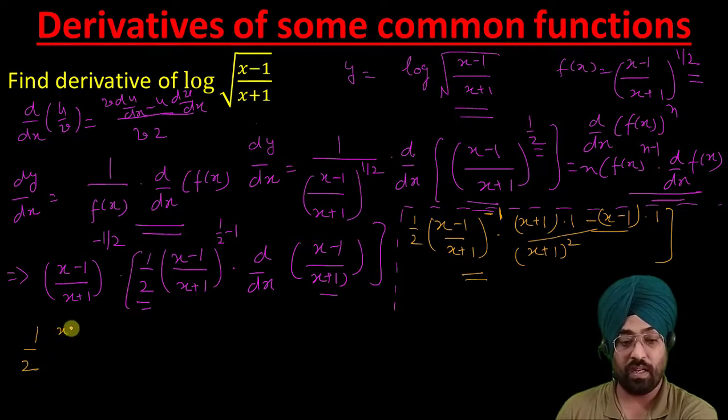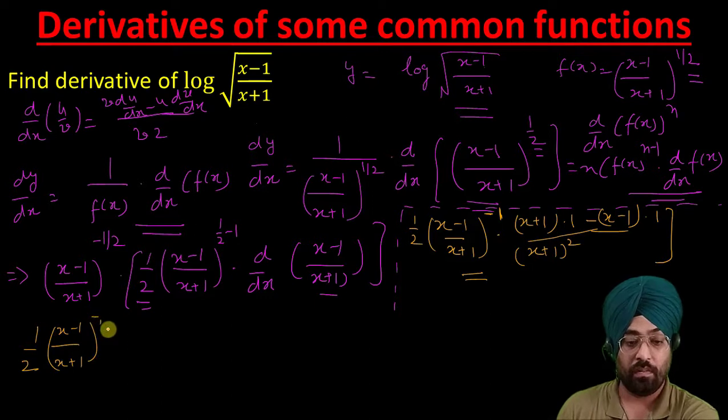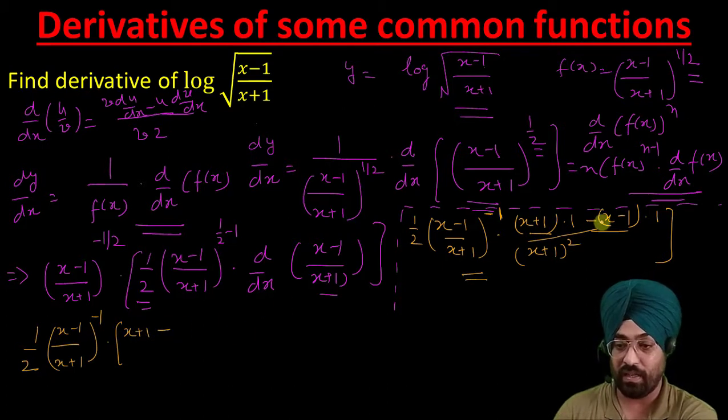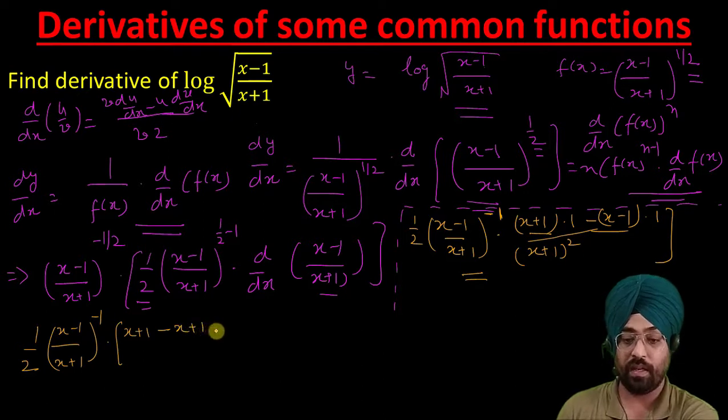So it is half times (x minus 1 divided by x plus 1) raised to the power minus 1, into (x plus 1 minus (x minus 1)) divided by (x plus 1) square. Minus into minus is positive, so x gets cancelled and 1 plus 1 is 2.